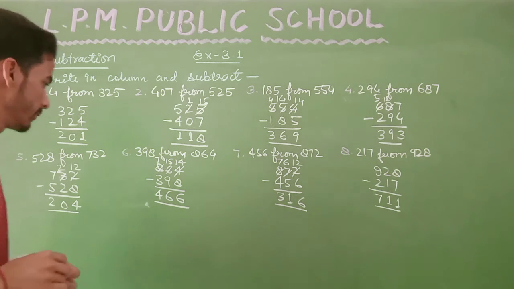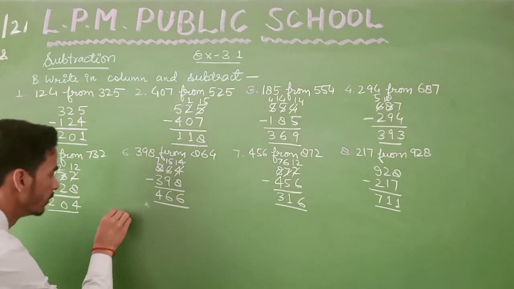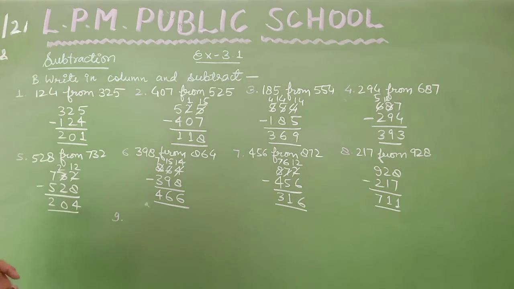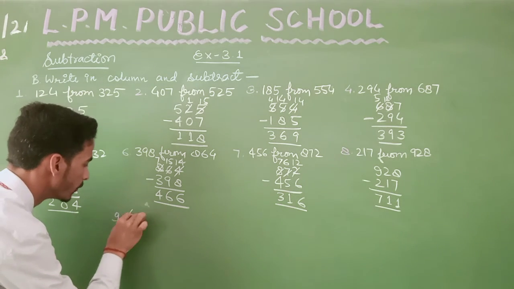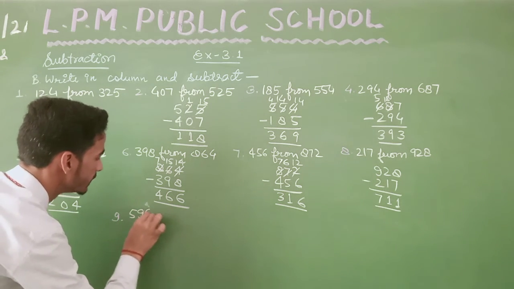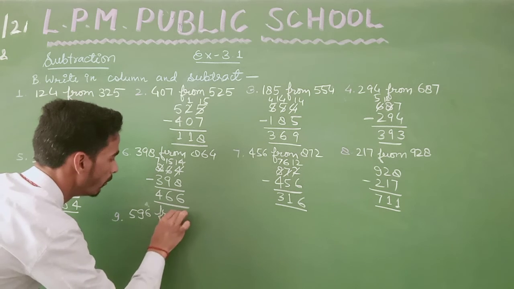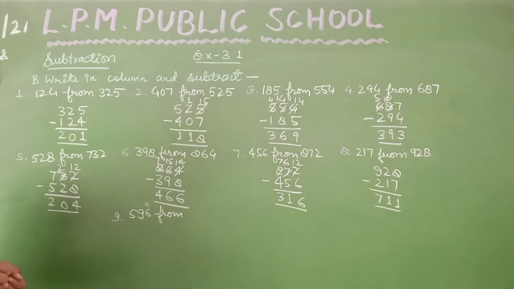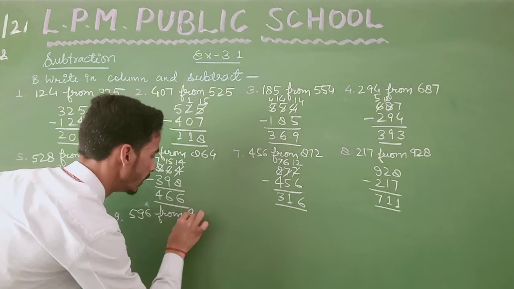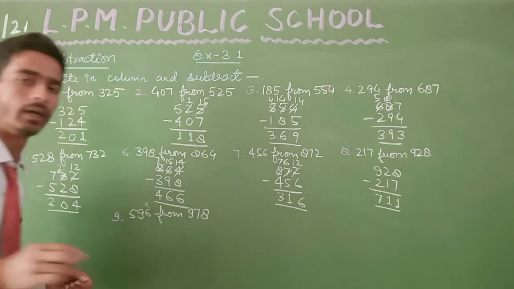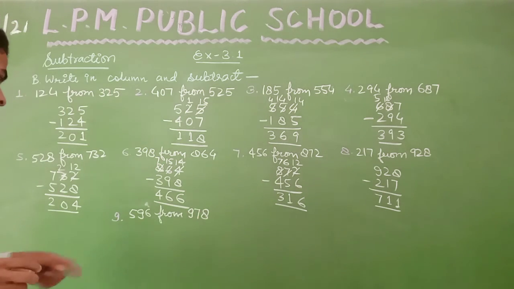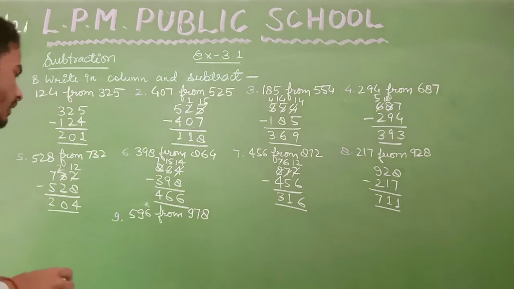Now the next question, question number 9, is 596 from 978.